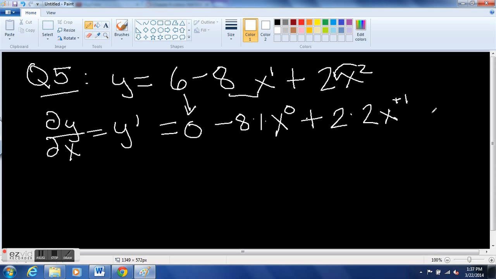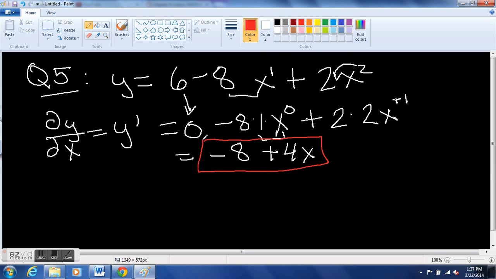So this whole thing equals negative 8, because x to the 0 is 1, plus 4x. That's the answer. And for something like this, you guys are probably going to get pretty fast, and you're going to look at this one and go, minus 8 plus 4x. Check. Let's try another one.